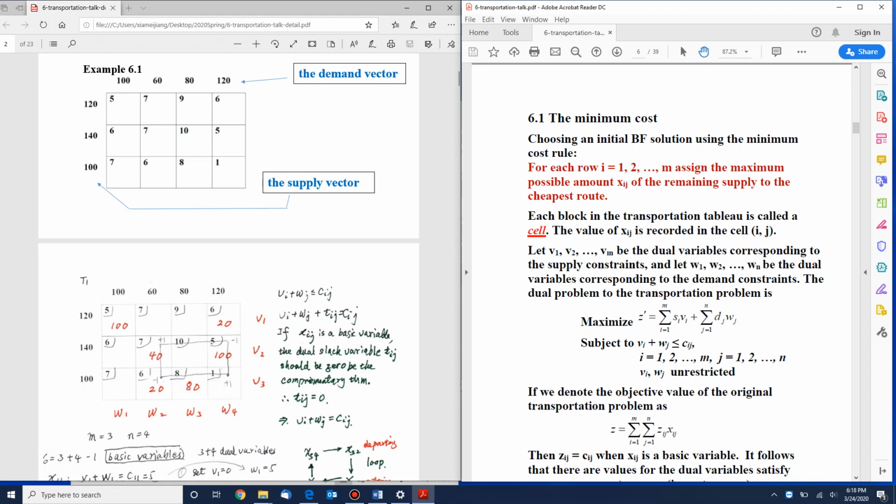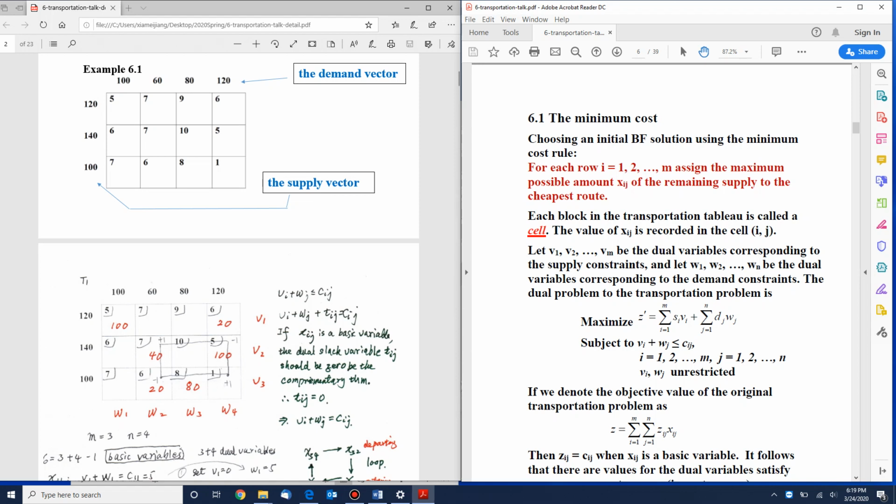So we put 100 into it, and that tells us market 4 is done. We don't need any more there. So source 2 gives 100 to market 4, and then it has another 40 left.